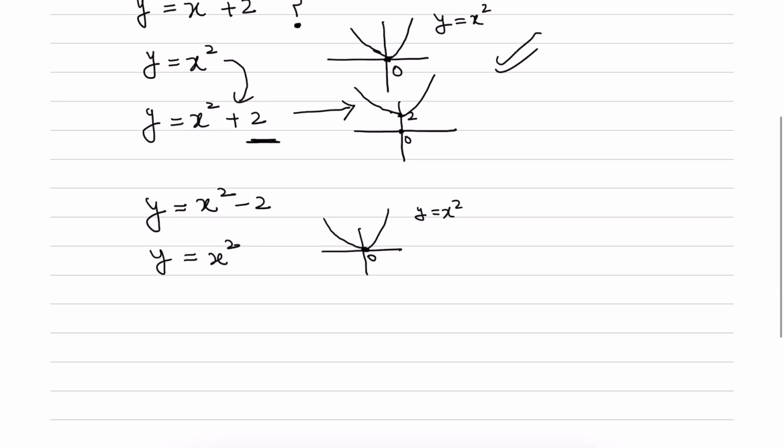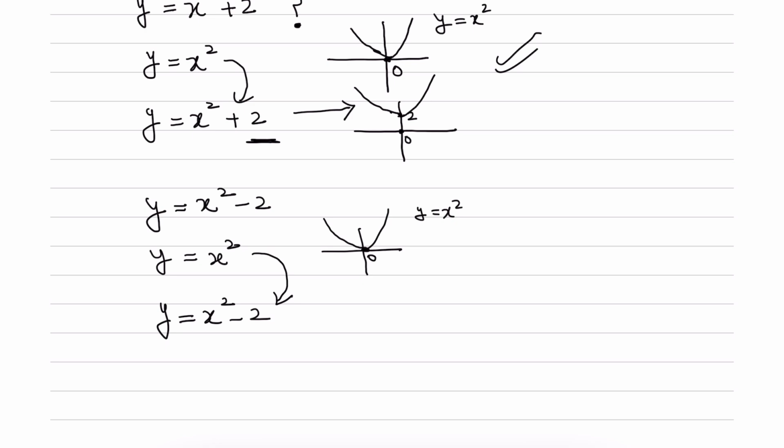But now you have to sketch the graph for y equal to x square minus 2. So how did you mathematically change y equal to x square to y equal to x square minus 2? On the right hand side of the function, this time instead of adding 2, you have subtracted 2.